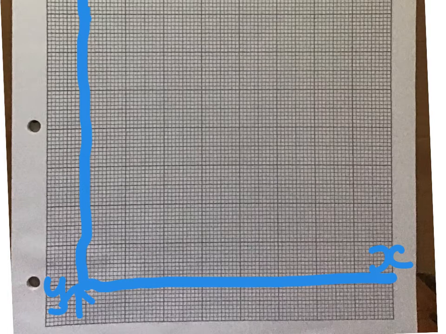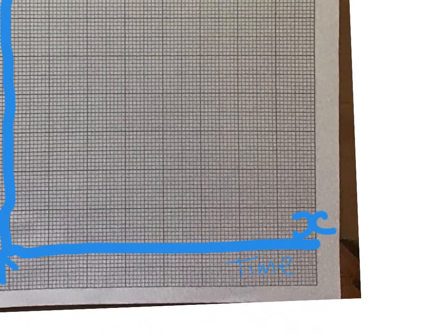We're going to label our axis at the bottom, time. And we need to indicate what we're measuring our time in, and our time is in seconds. So we just put a forward slash here and put in seconds.